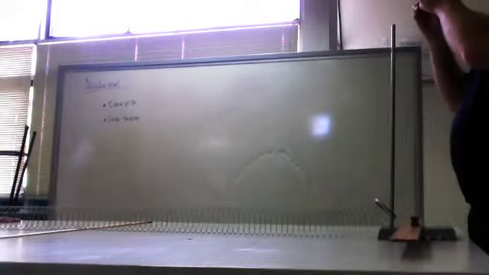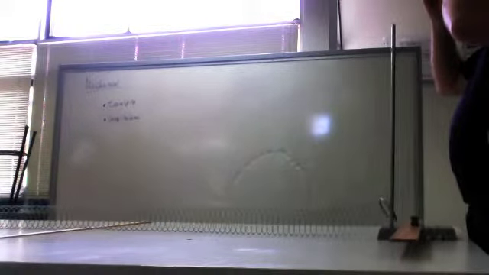We good? Alright. So everyone knows what a transverse wave is, right? It propagates, it moves by going up and down. The displacement of the air molecules is perpendicular to the direction in which the wave is traveling.